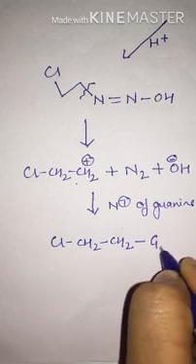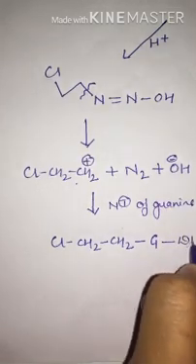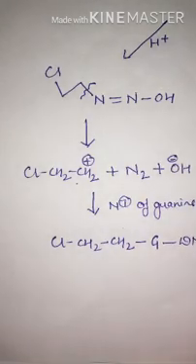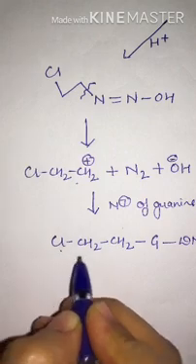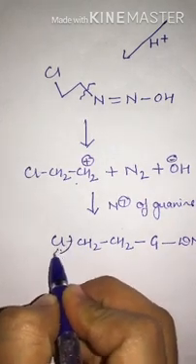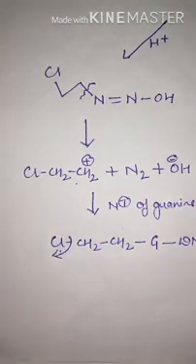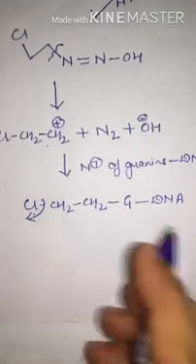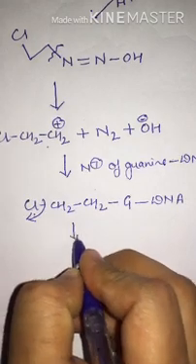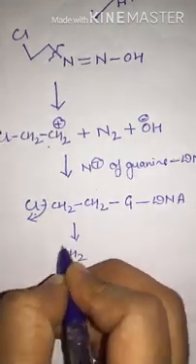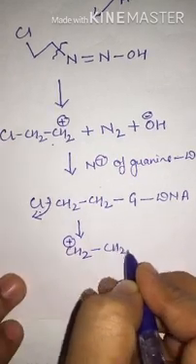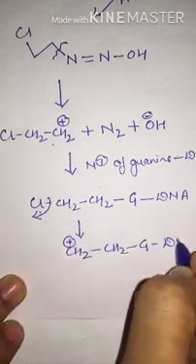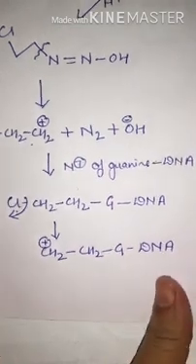I will write G for guanine and DNA. The chlorine is highly electronegative. It will leave the group since it is a very good leaving group also. Then again there is a charge developed on this particular carbon, which is a positive charge, CH2, G and DNA.